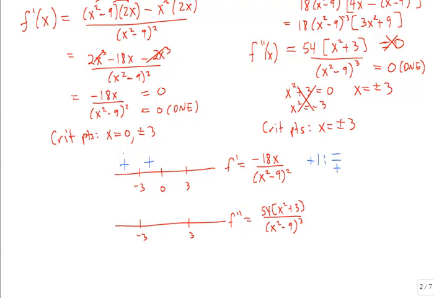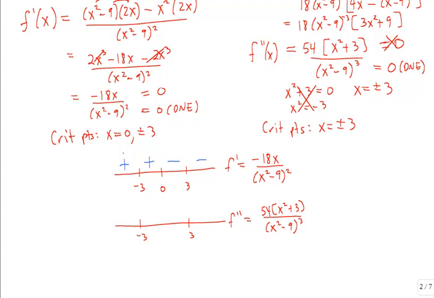And that denominator is still plus, so this is now minus. And if I tried something like 4, the same exact thing would happen. -18 times 4 will be negative, and the bottom is still plus. So at 4, we also get a minus sign. Okay, so there's all of my signs.